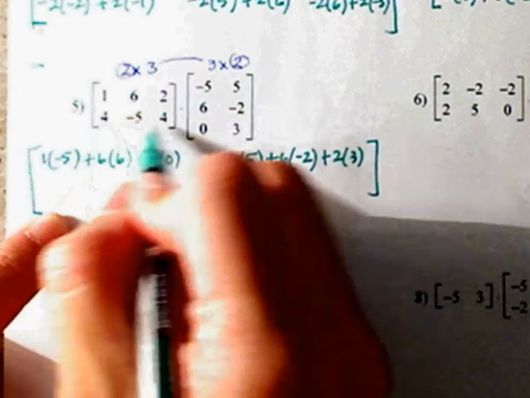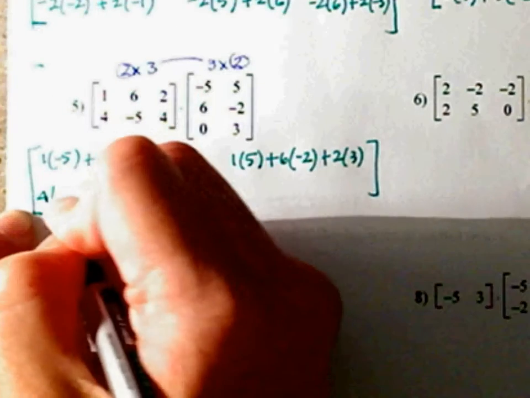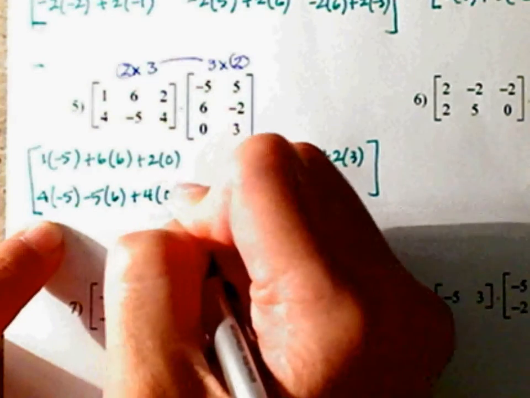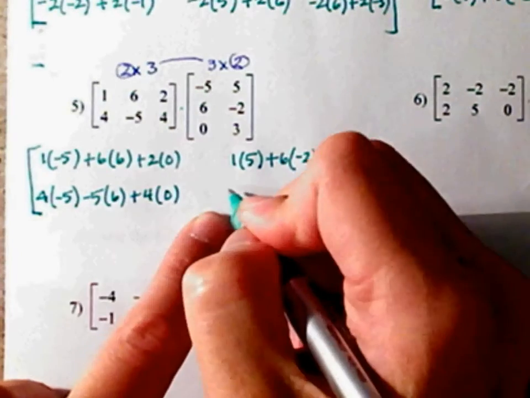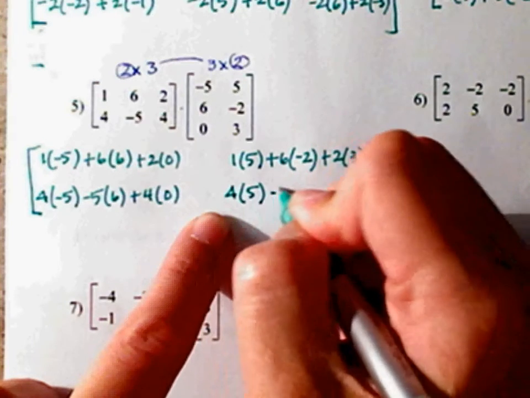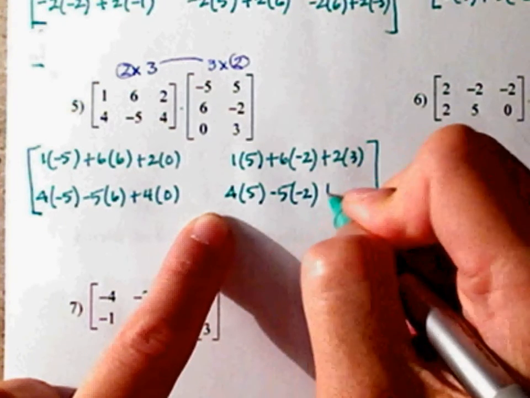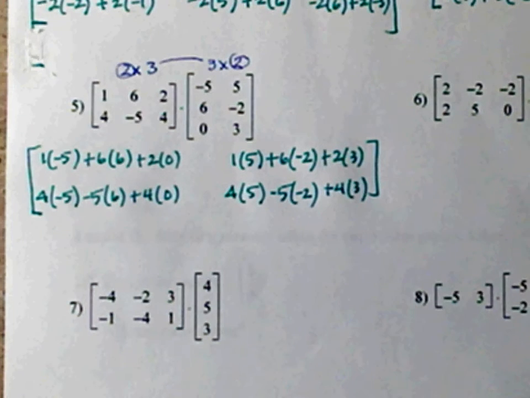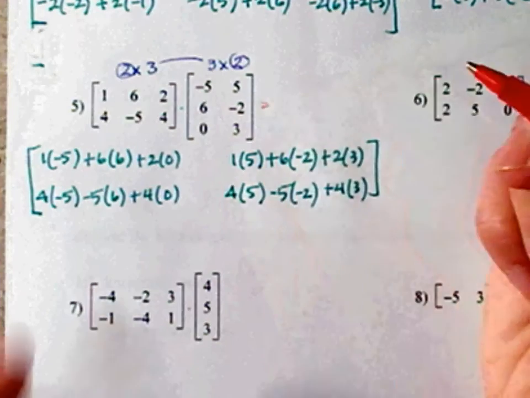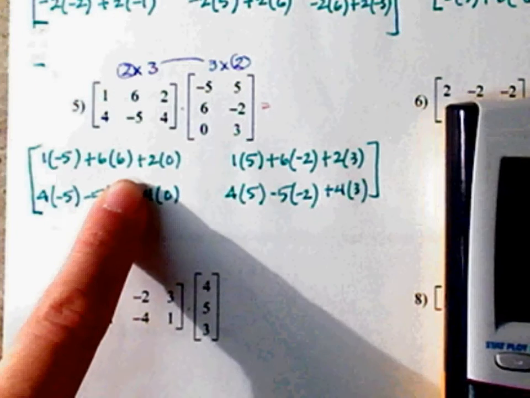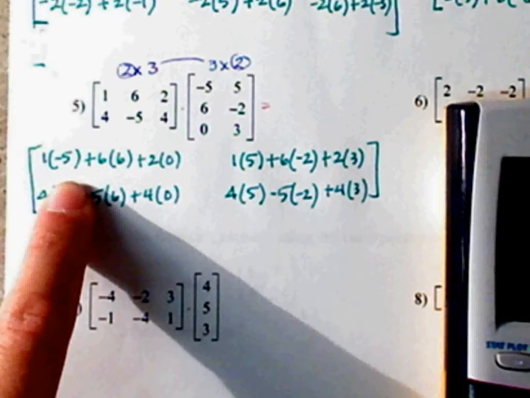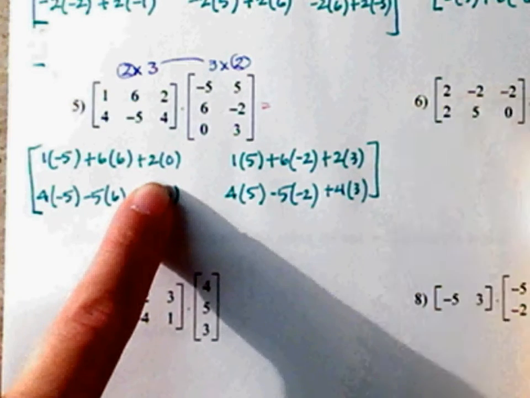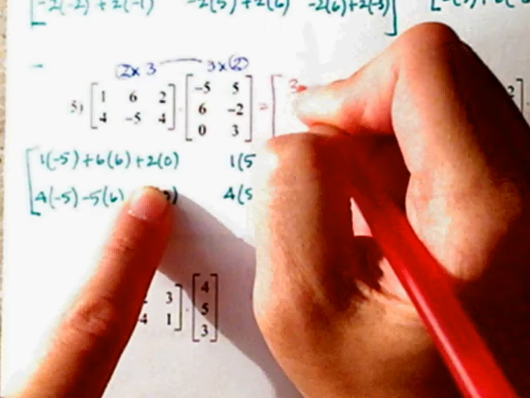Second row, first column. 4 times negative 5 minus 5 times 6 plus 4 times 0. 4 times 5 minus 5 times negative 2 plus 4 times 3. Okay. And there's your work. And I'm going to use my calculator to help me do the math. Okay, here we go. So I got negative 5 plus 36 plus 0, which comes out to be 31.